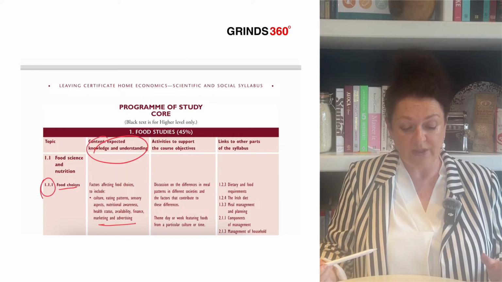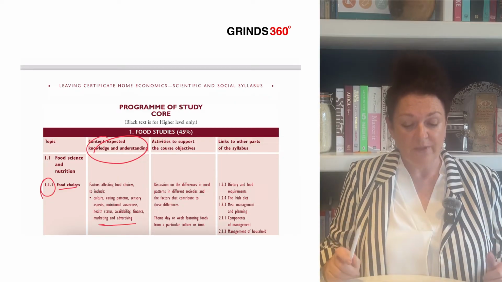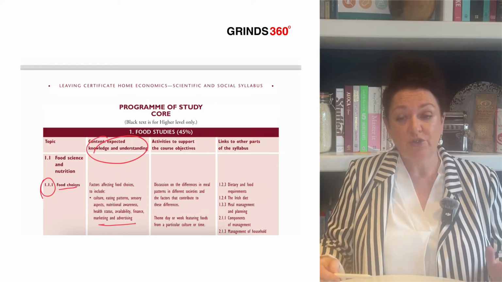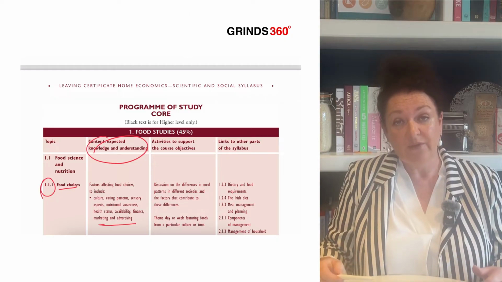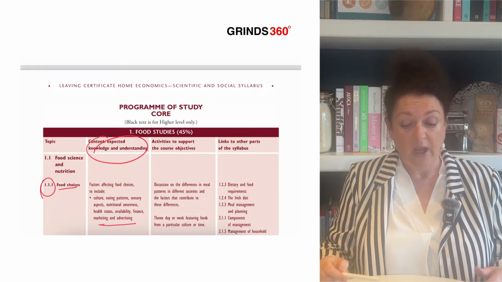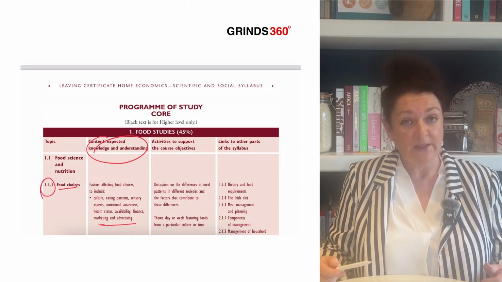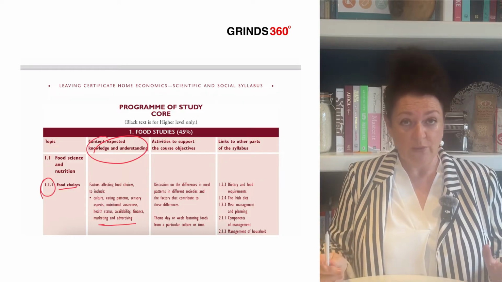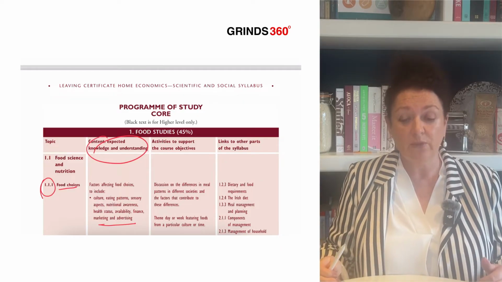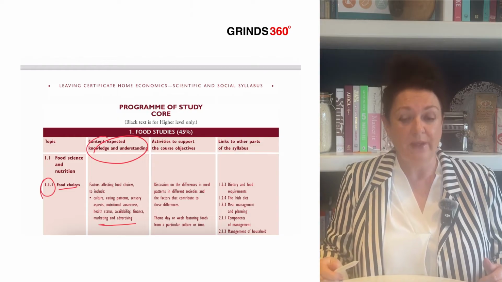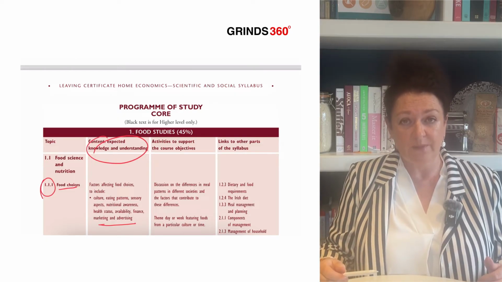Just to make life a bit easier, I want you to be aware that this is what the Leaving Cert paper is based on. The people that make up the exam questions don't zone in on any home economics book that is out there. Their focus is going to be on the actual syllabus.